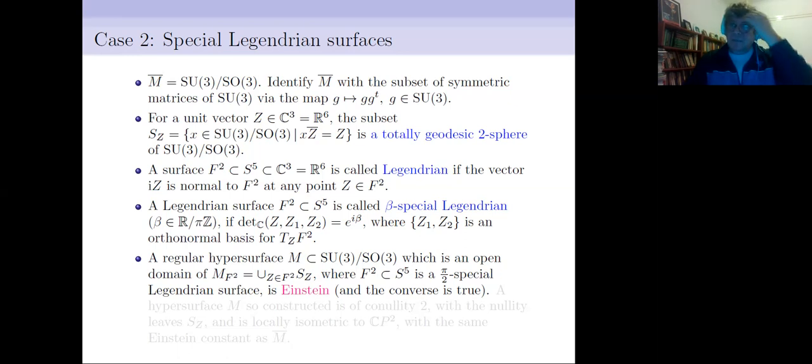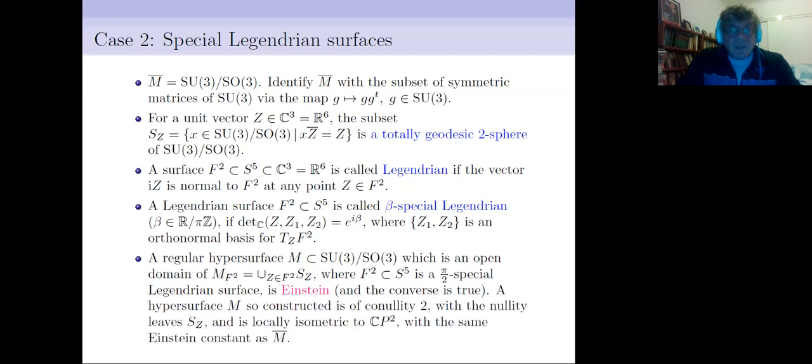So you take your special Legendrian surface in the sphere, and from it you construct your 4-dimensional Einstein hypersurface. The constructed hypersurface has cohomogeneity 2, the nullity leaves are totally geodesic spheres, it's locally asymmetric to CP2, and it has the same Einstein constant as M bar. So this is the construction, and let me look a little closer at these beta special Legendrian surfaces in the sphere.